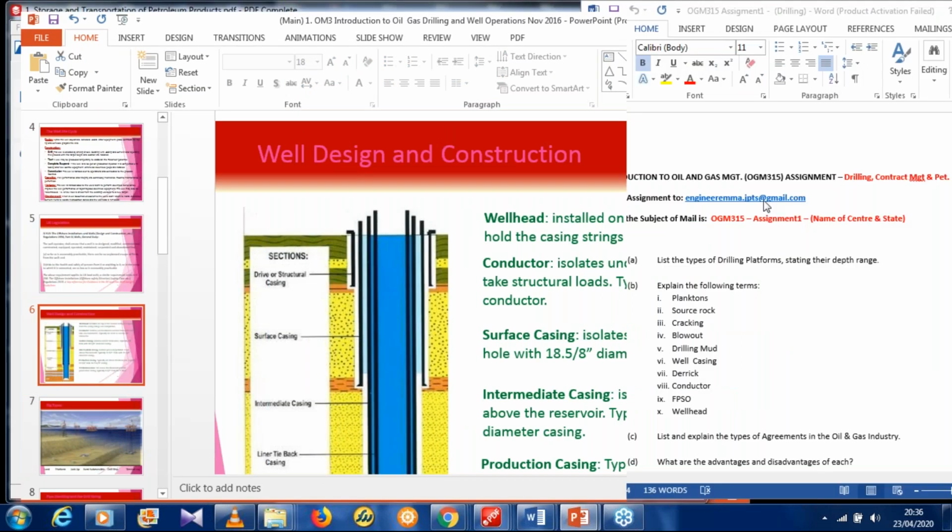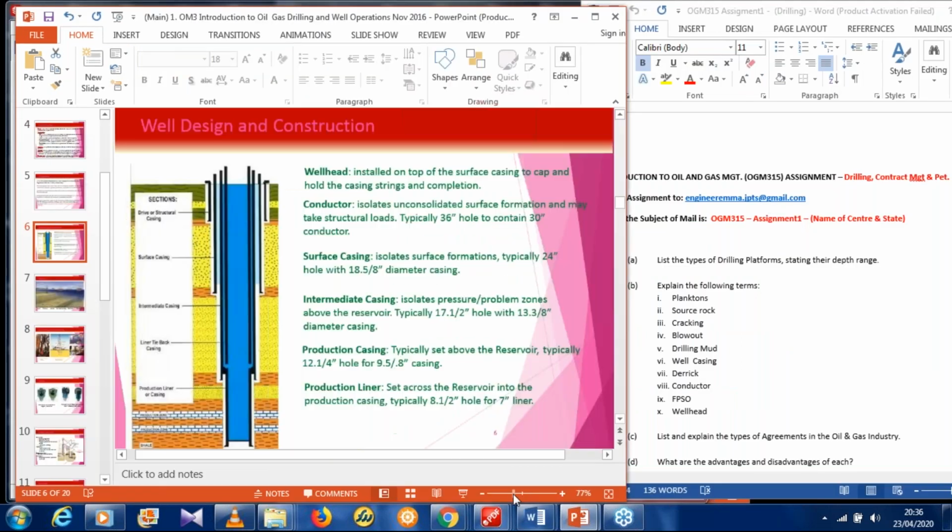All right. So our production liner is set across the reservoir into the production casing. It's usually within an 8.5-inch hole for a 7-inch liner. Those are standard specifications.